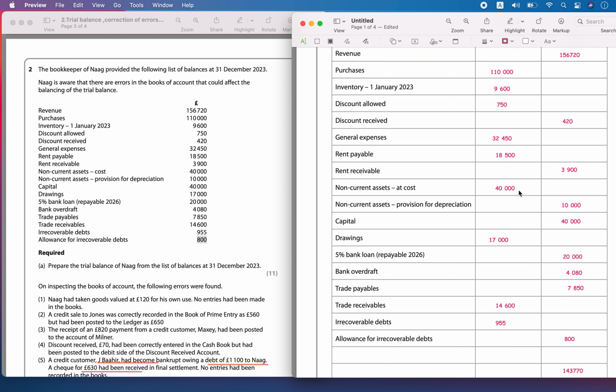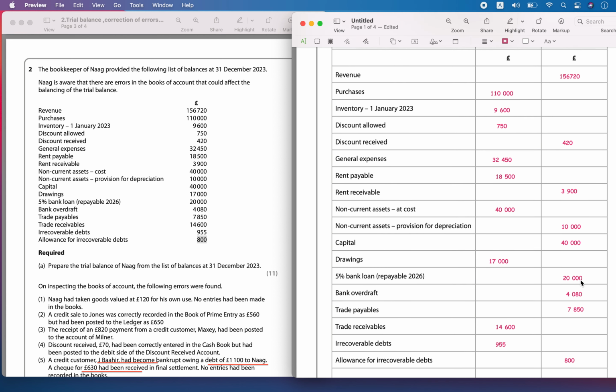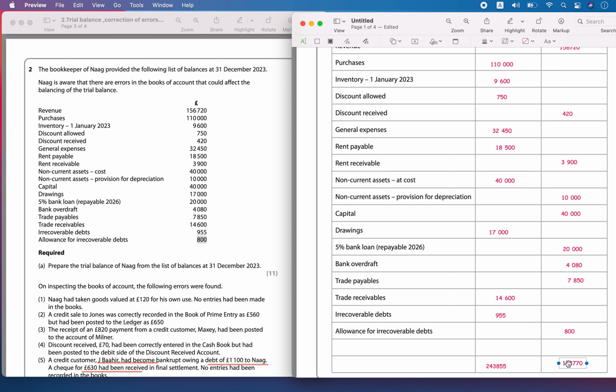So it is equal to 243,855. One second, did I do this properly? Sorry, I wrote it wrong. It is 243,855. Okay, so now we can see that there is a difference.